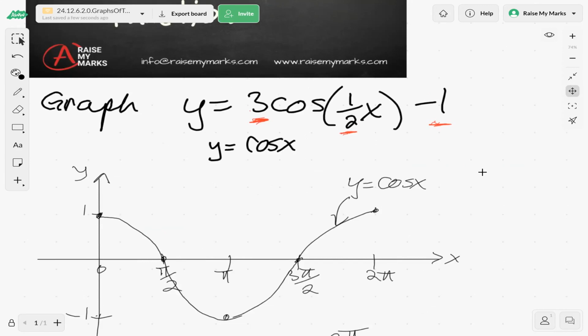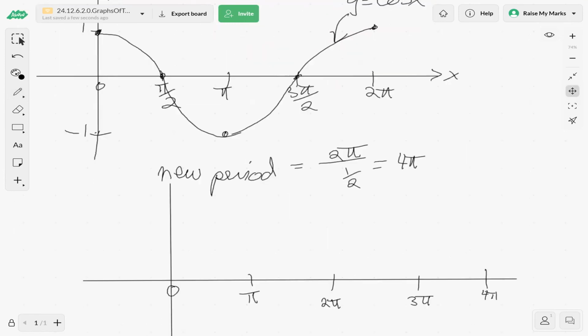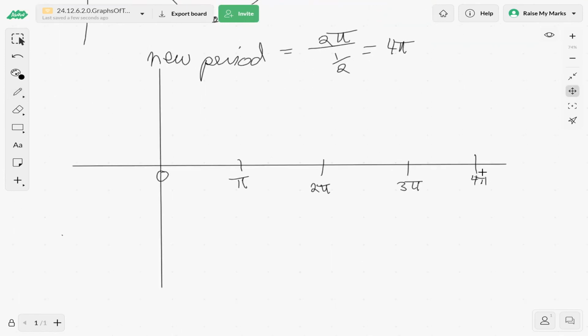Now the -1 is a translation down 1 unit. If we notice in our original graph of our cosine function, the axis about which our graph oscillates is the line y equals 0. That line is going to be translated down 1 unit to y equals -1. So let's put that here.